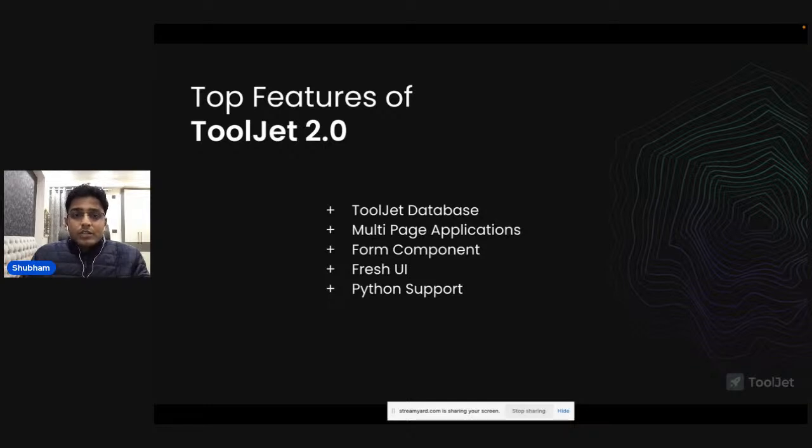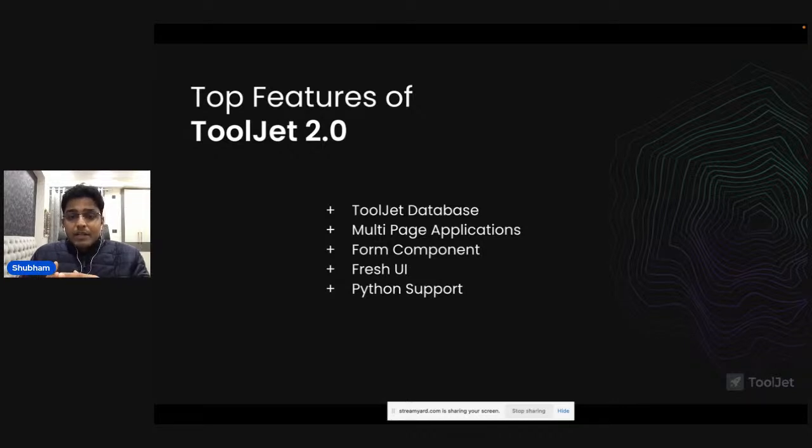So this ToolJet Database is built on top of a relational database, PostgreSQL, and we provide a way for you to operate this PostgreSQL right from your browser without having any DevOps knowledge, without knowledge of connecting it with front-end drivers, and without having to install any packages. So this is right in your browser, which can be connected to your app as well, right?